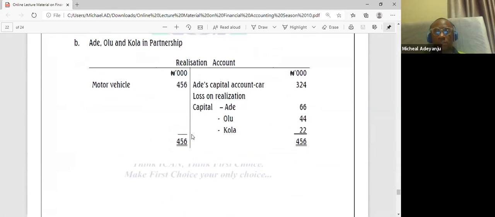So let's look at it. Ade, Olu, and Kola realization account. Ade has a vehicle of 456,000 which he takes at 324. So what is the realization loss?